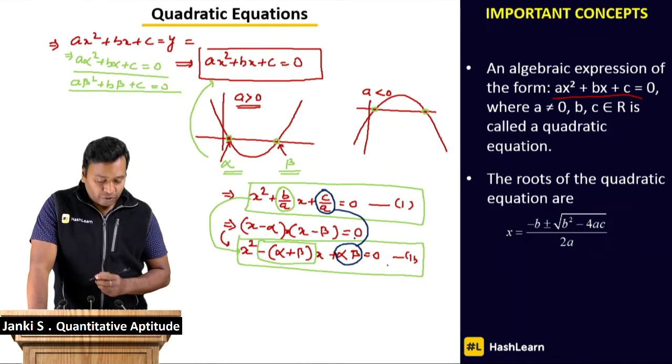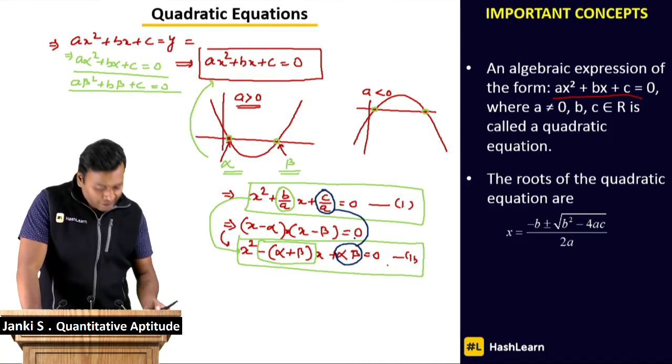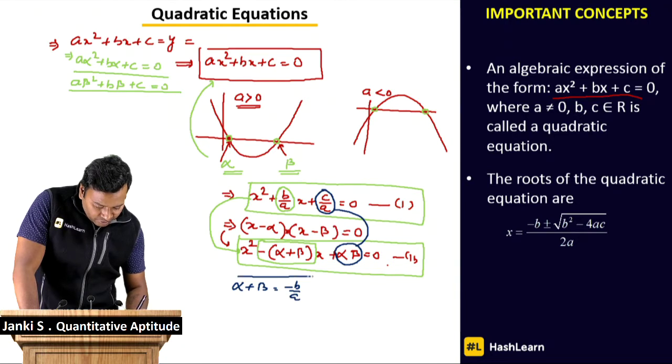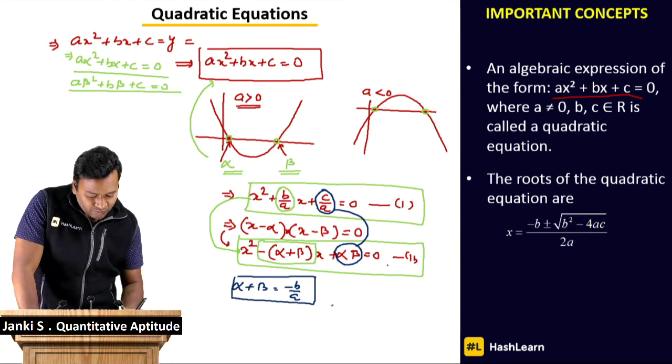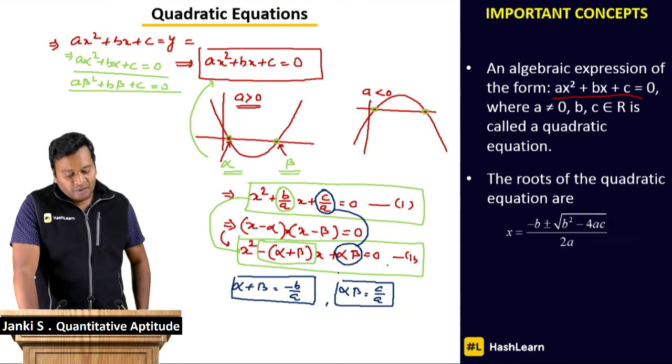That's my representation possible. So if I work on both the formats, I can say that alpha plus beta is always equal to minus b by a, which is nothing but the summation of the roots, and the next one is alpha into beta is equal to c by a, right?